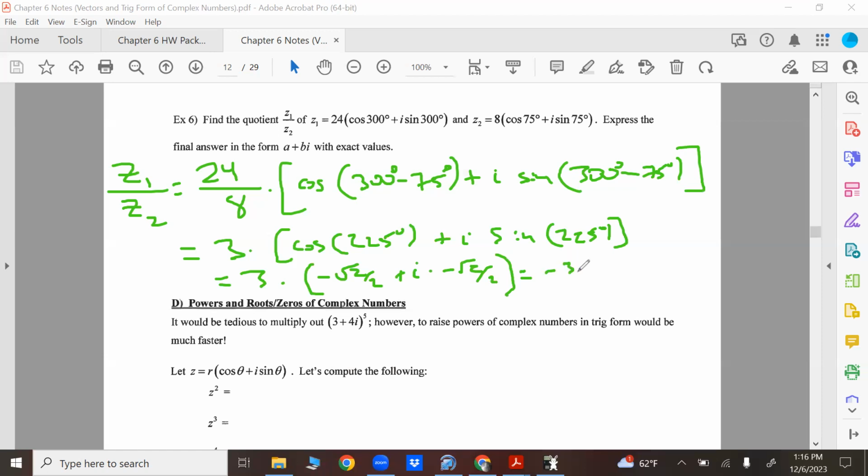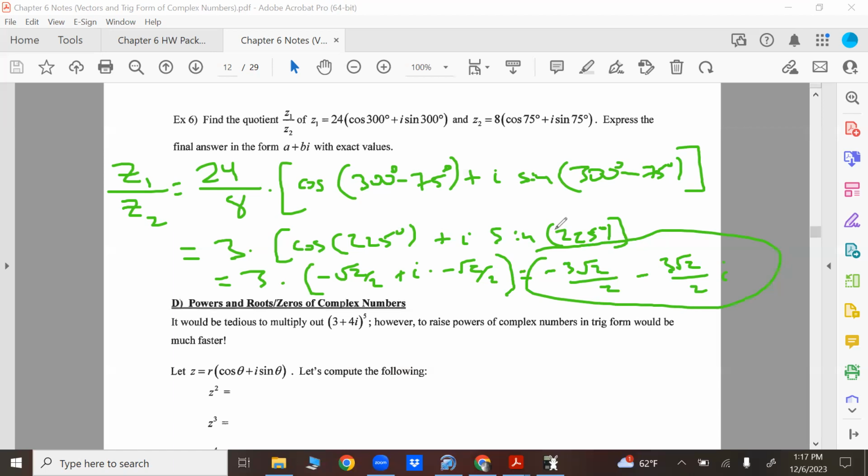You guys get 24. Okay, you guys should get this, hopefully. Yeah, that's fine. Oh, you don't multiply that. You get 3 over 4. Same thing. That works too. Yep.